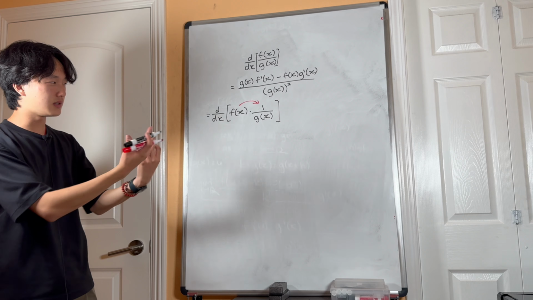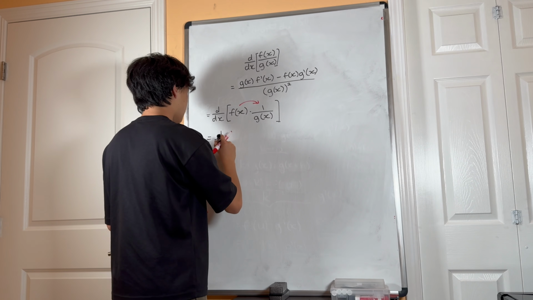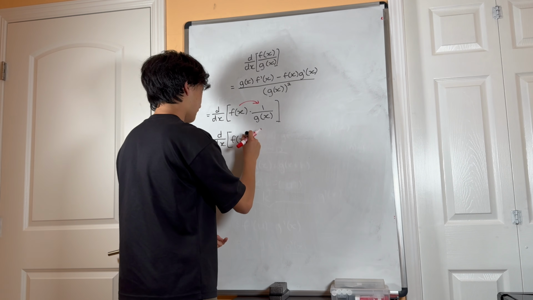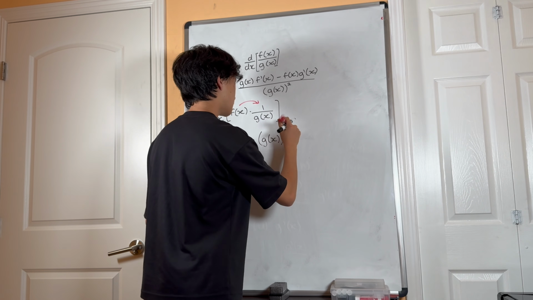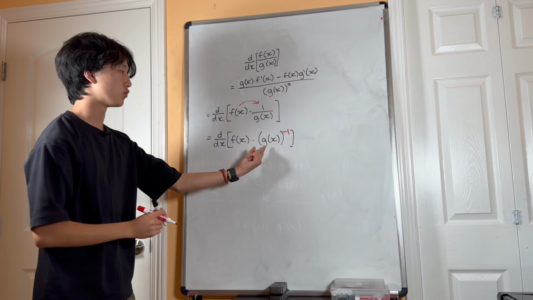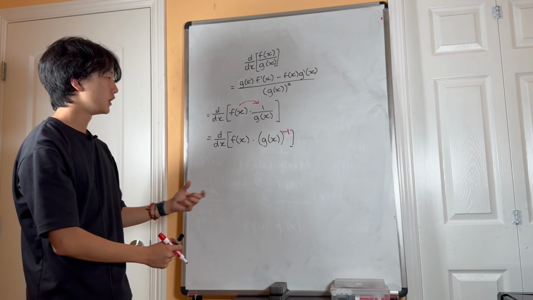I think that's pretty basic. You can now also rewrite 1 over g of x as g of x to the negative 1. So here's how that's going to look: g of x, now we raise it to the negative first power. And that works because raising anything to a negative power just flips it down to the denominator, right?